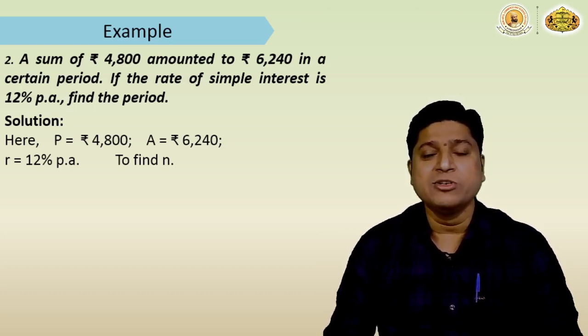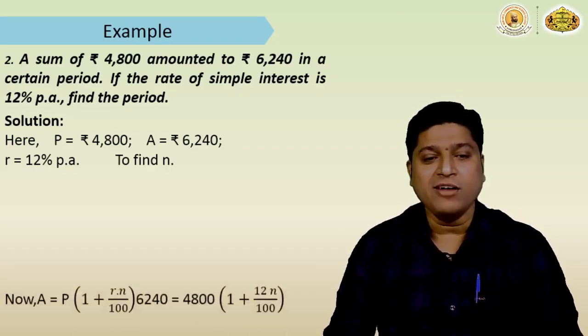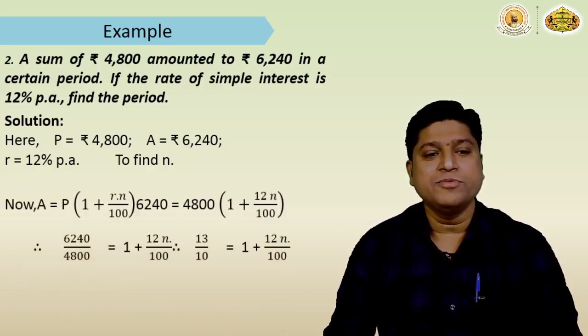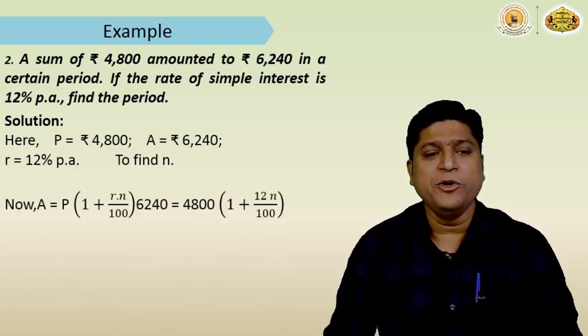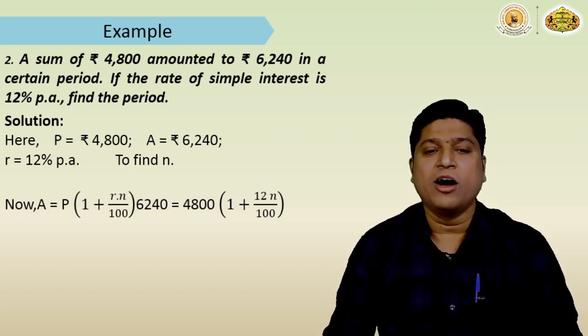So, we will use the second formula we have studied just now, and that second formula was A is equal to P into bracket 1 plus Rn upon 100. By using this formula, we are going to find out the period.